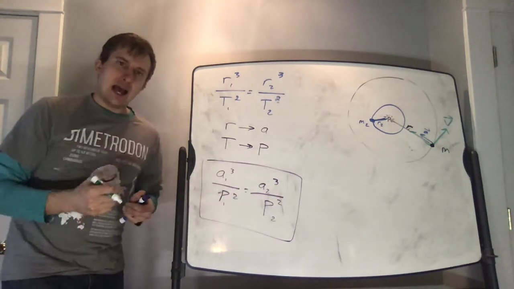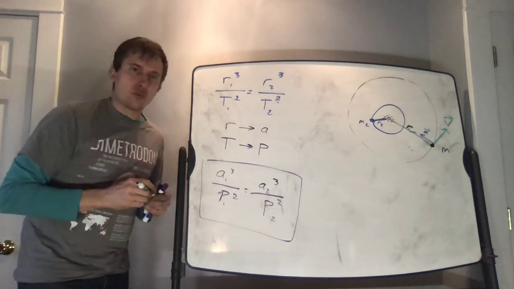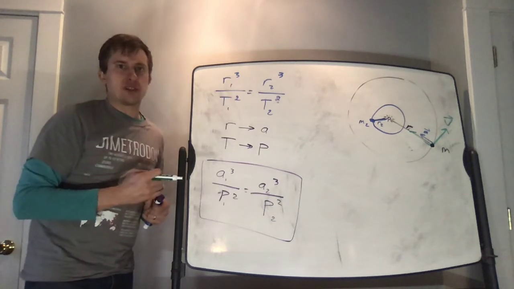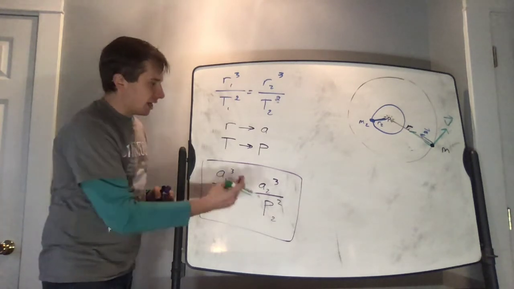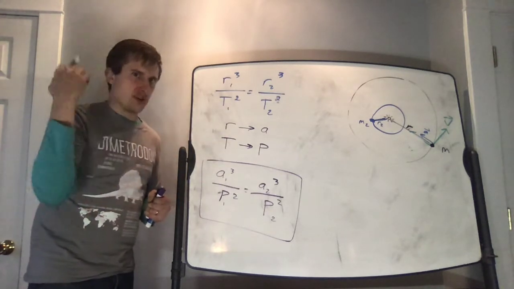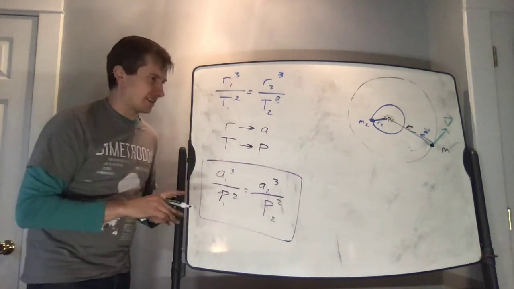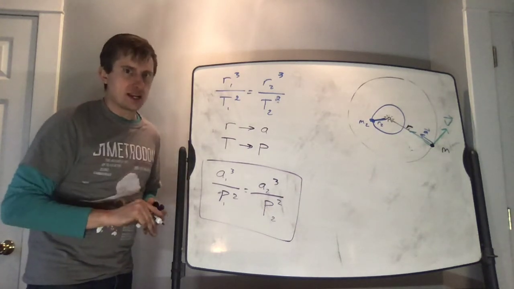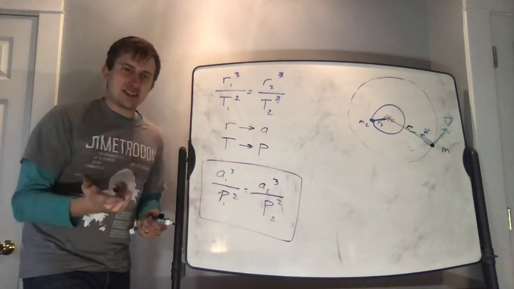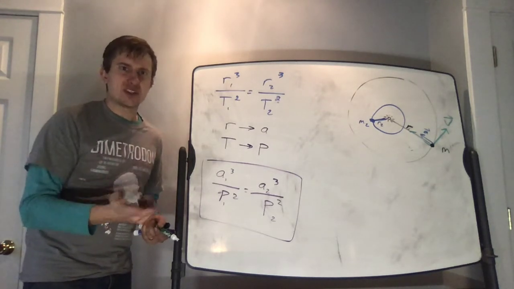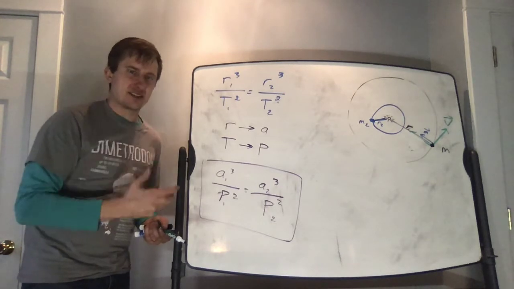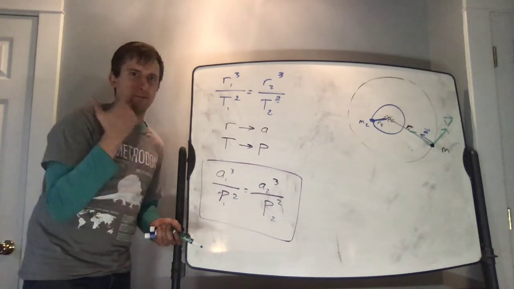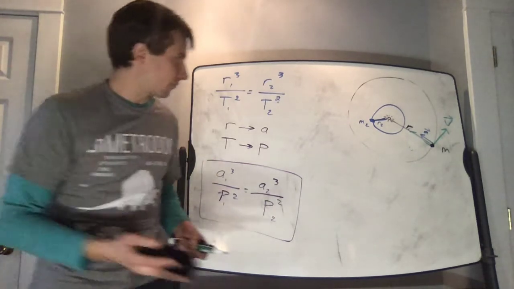To close off, I was talking about if we are looking at the solar system and suppose we want to know something about the orbital period or the distance from the Sun to Neptune or Venus or any of the planets. Let us choose Earth to be one of the planets we're considering. And let's choose the standard unit of time to be years, the standard unit of distance to be astronomical units. 1 astronomical unit is defined as the Earth-Sun distance.